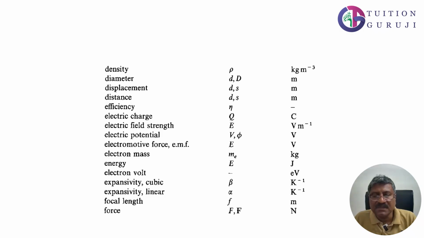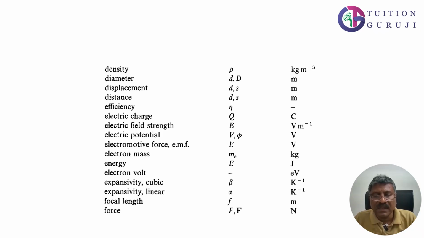Then electric field strength is volt meter raised to minus 1. Charge is in coulombs. Then EMF is in volt. Potential is also in volt. Electron mass is in kilogram. Energy in joules. Electron volt in eV. Then force is in Newton.